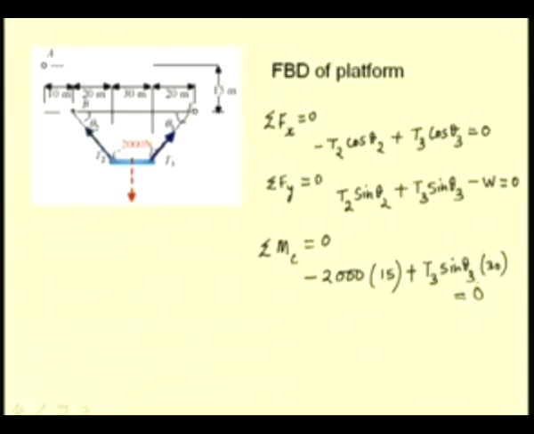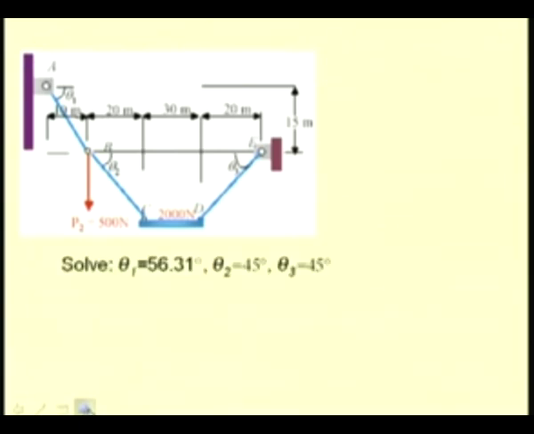So, this has to be 0. So, if we say that this is equation 4, 5 and 6, we have now the 6 equations to solve for the 6 unknowns. So, if we solve these equations, we can determine the unknowns.